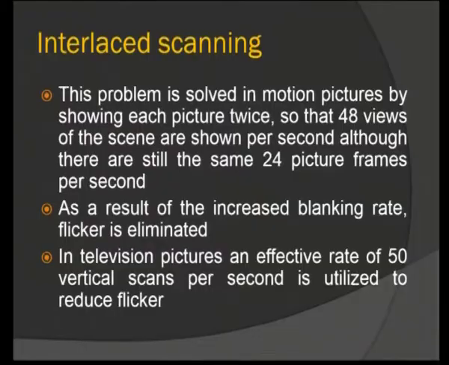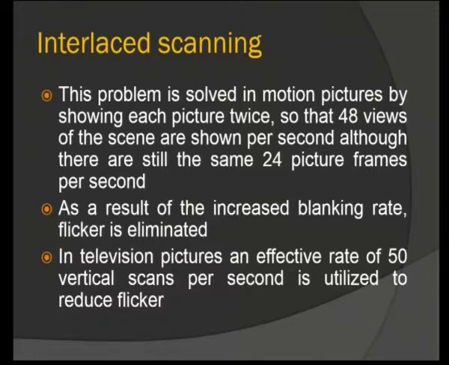This affects the continuity. This problem is solved by showing each picture twice, multiplying 24 by 2, that is 48 frames per second, which makes a continuous picture that we can easily see. As a result of the increased blanking rate, flicker is eliminated.